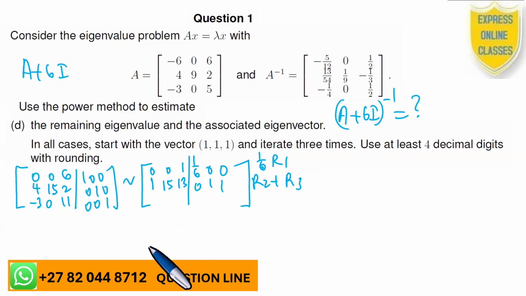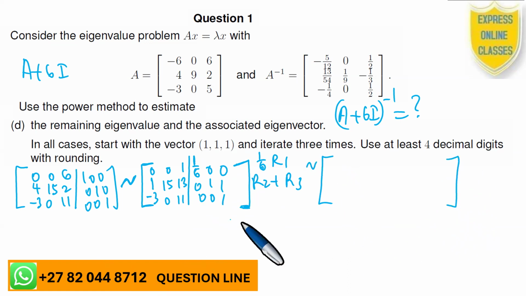So we have the following. Okay, let's continue. So we got the 1 there, and then now we have -3, 0, 11, 0, 0, 1. And then let us continue with the row reduction process.